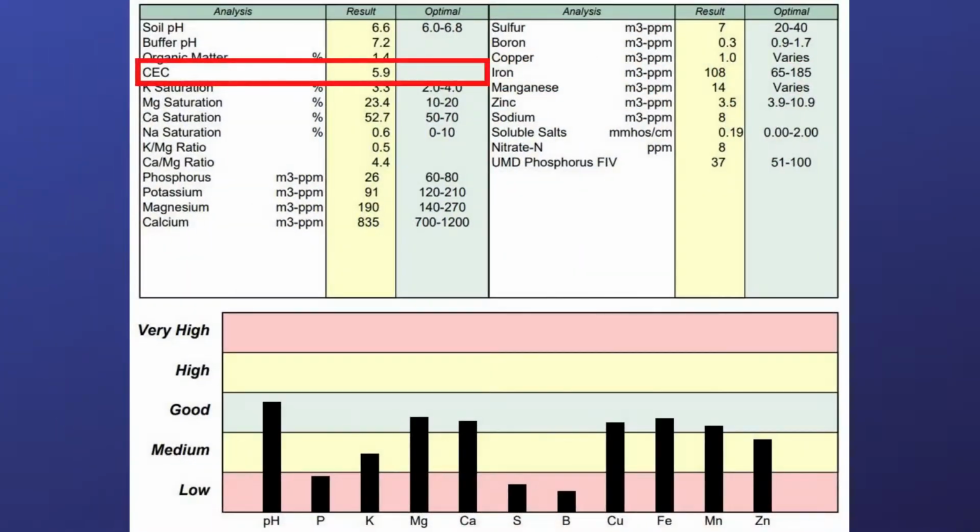I know that I've got a sandy soil, so I'll definitely be using the spoon feeding method, because knowing my CEC value, I know that I'm not able to apply large amounts of nutrients at one time and have my soil actually hold it.